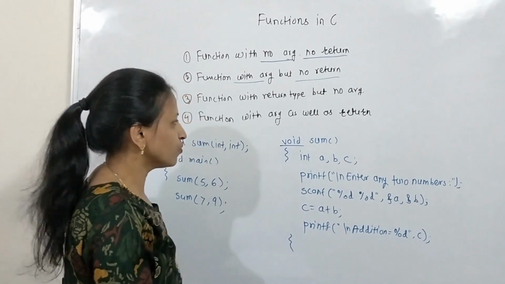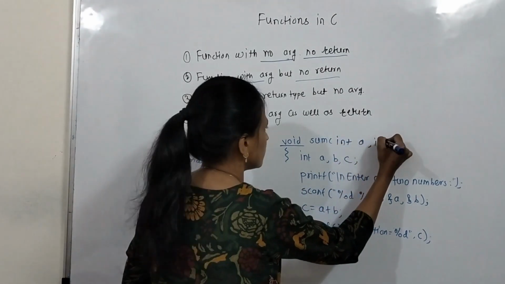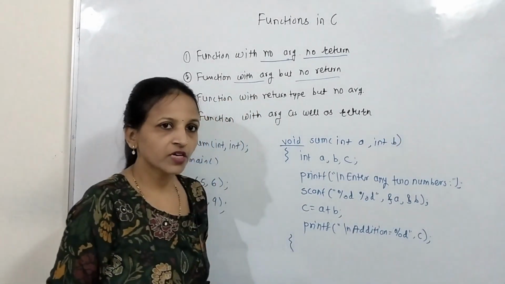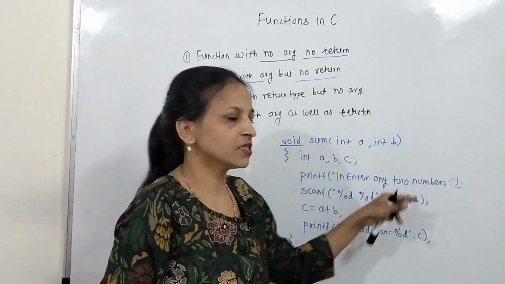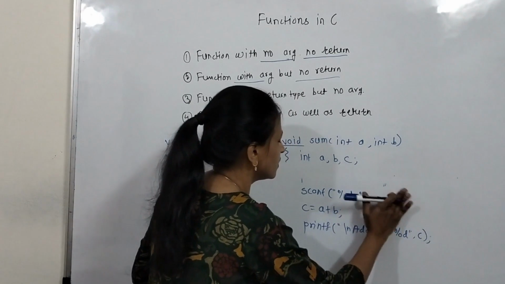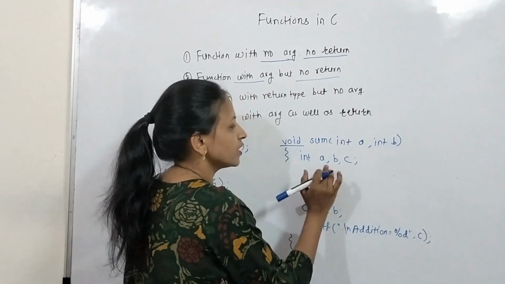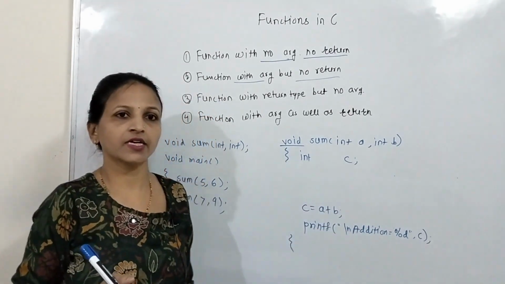Now we will write a and b as arguments. Whatever is passed, that 5 and 6 will get copied here. This is not needed in that case. Only c we will declare, and we will do the addition and display the addition.